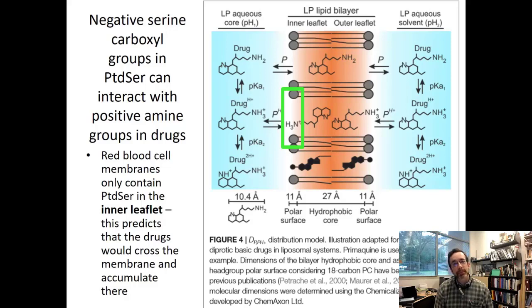So when they get into the red blood cell membrane, they work better because they are able to be stabilized by the extra negative charges that interact with the positive charges on the singly charged drug that has to be there a lot at neutral pH. This could explain how these antimalarials are able to get into the cell even though they are singly charged at neutral pH or doubly charged, because enough of them can dissolve in the membrane and be stabilized on the inside of the membrane by the high concentrations of phosphatidylserine.